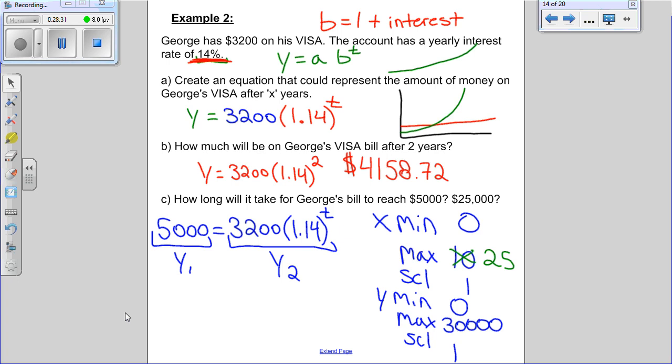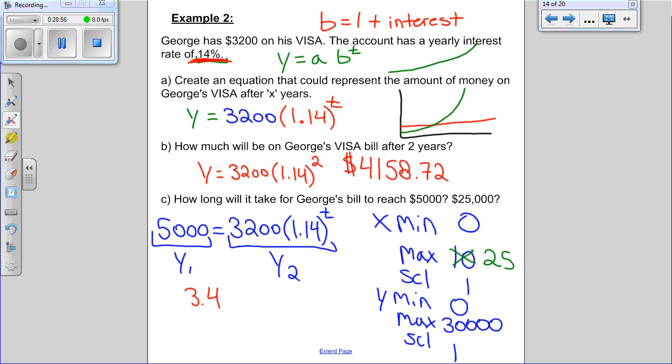Now, according to this question, they only calculate yearly, correct? So, at 3 years, would I be at $5,000 yet? No, I would not. So even though this number would naturally round down, that wouldn't answer my question. My bill never reached $5,000 at 3 years.